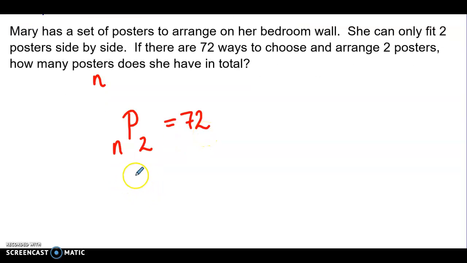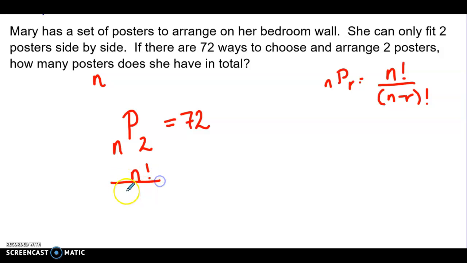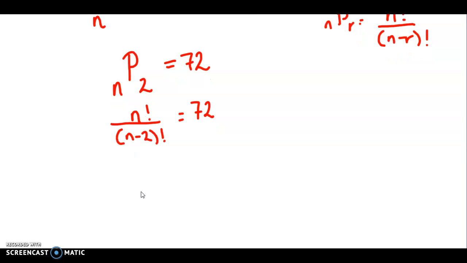If we use our permutation formula, NPR equals N factorial over N minus R factorial, we have N factorial divided by N minus 2 factorial equals 72. Considering which is larger, N is larger than N minus 2, so we start with the larger and rewrite, starting with N times 1 less than N, N minus 1. 1 less than N minus 1 is N minus 2.